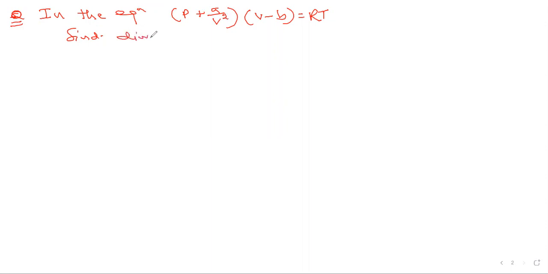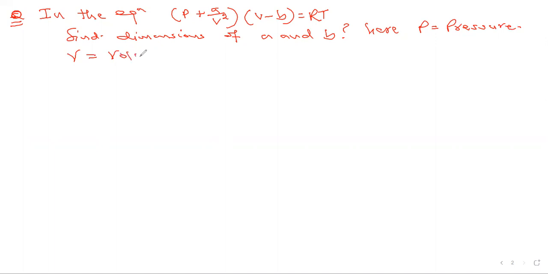Find dimensions of A and B. Here, P is pressure, V is volume, R is gas constant, and T is temperature.